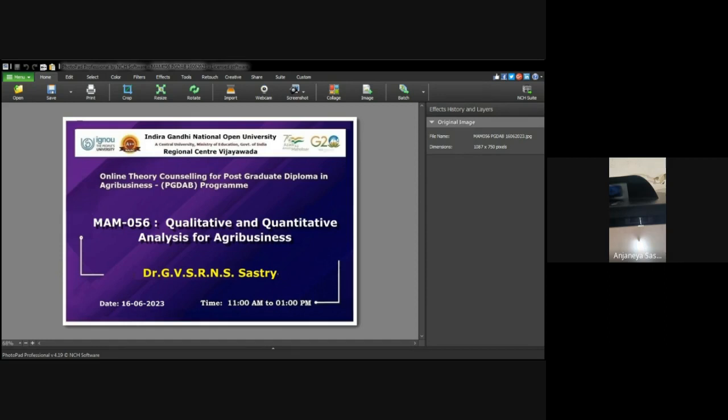So we go for material inventory management and OR. So differences between inventory and OR. Next, decision making under risk.